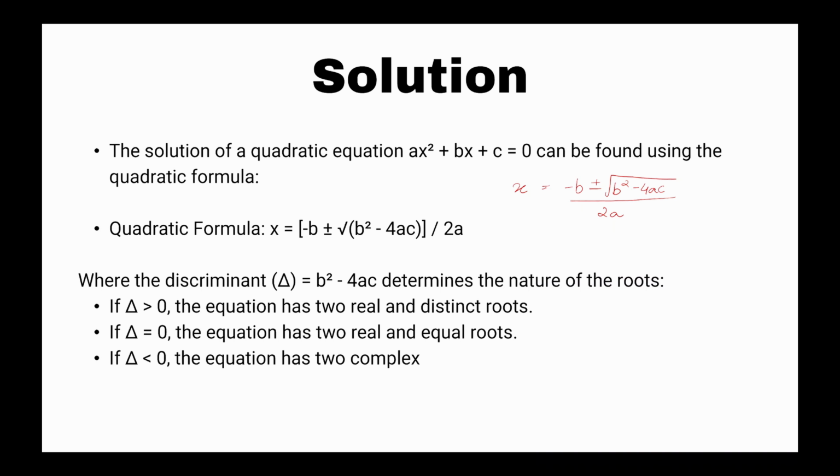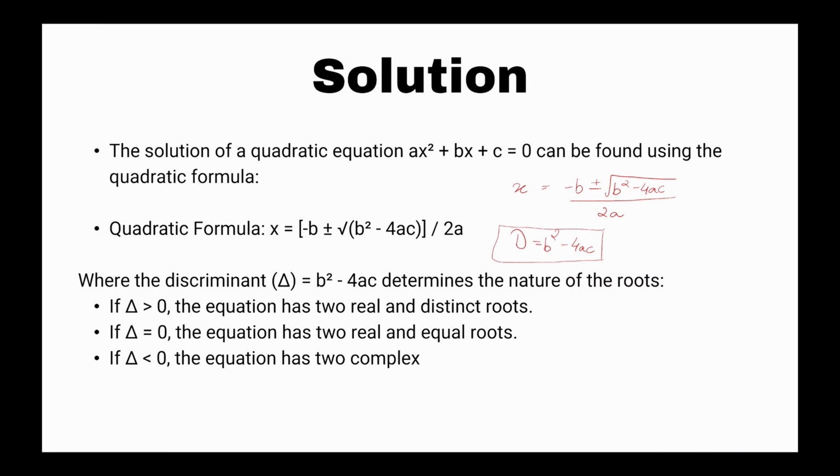Now when we talk about this entire solution, what do we have inside the root? b square minus 4ac. We call this b square minus 4ac the discriminant. Now let's say my discriminant, which is inside the root, is greater than 0.